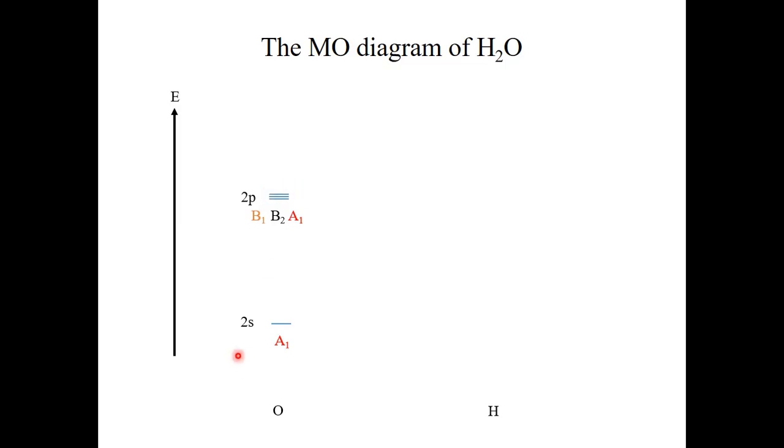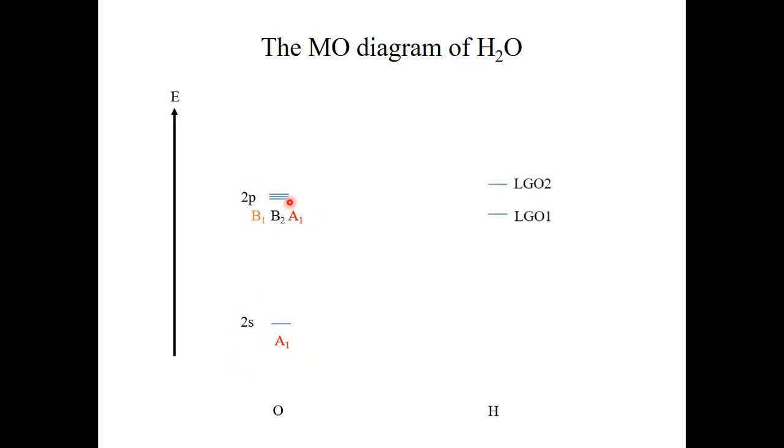We determined that the 2s orbital has symmetry type A1, and we write that underneath the orbital. The 2p orbitals had the symmetry types A1, B2, and B1, so we write A1, B2, and B1 underneath the 3 p orbitals.